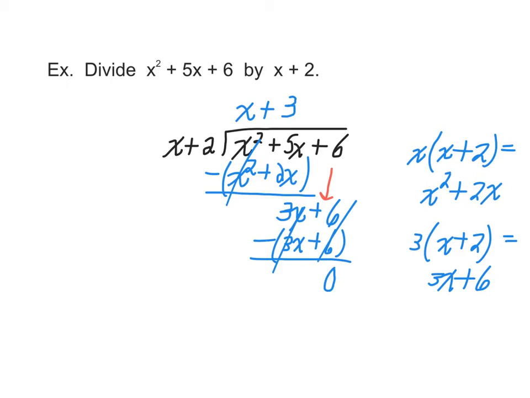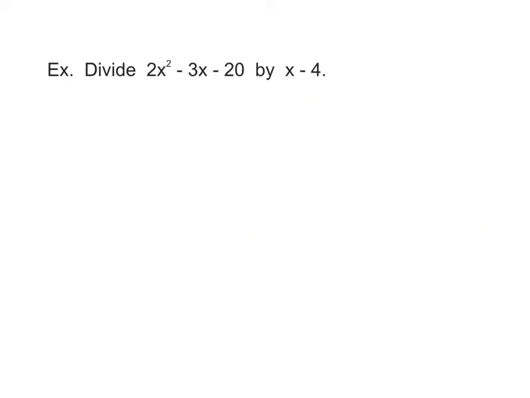All right, let's try some more so you can get comfortable with this procedure. Okay, in this one, I'm going to divide 2x squared minus 3x minus 20 by x minus 4. So first thing, we need to rewrite it.